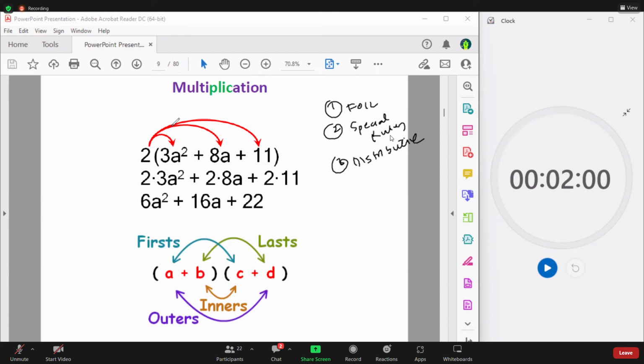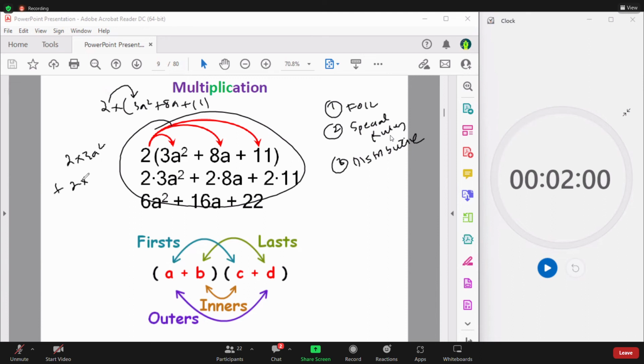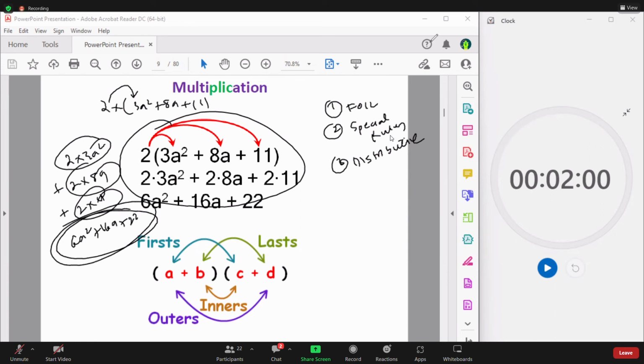Distributive is, as you can see, 2 multiplied by any other expression, where we do multiplication over addition. So 2 times 3a square added to 2 times 8a plus 2 times 11. This gives us 6a square, 16a, and 22. And this becomes the final expression.